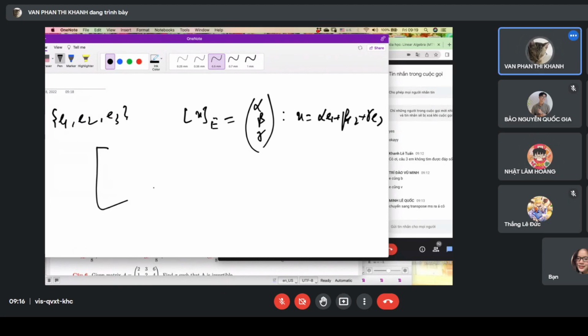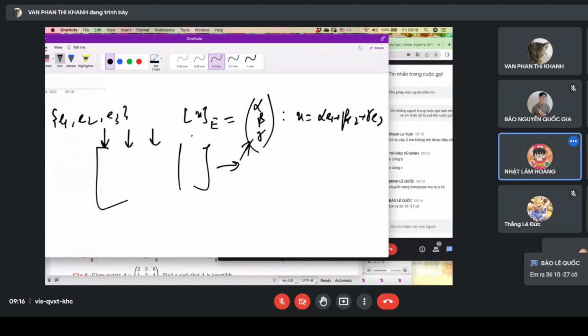Yes, so you have a system. You solve the system so you can find alpha, beta, and gamma. You don't have to write out the system.